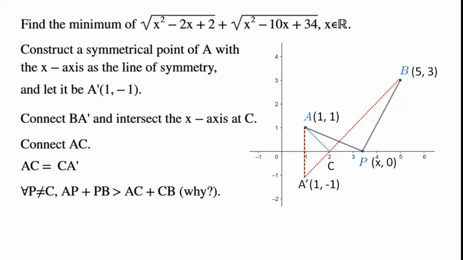For P not equal to C, AP plus PB is greater than AC plus CB. Can you work out why? Thus, the minimum of AP plus PB is AC plus CB.